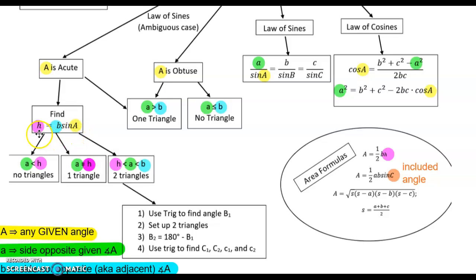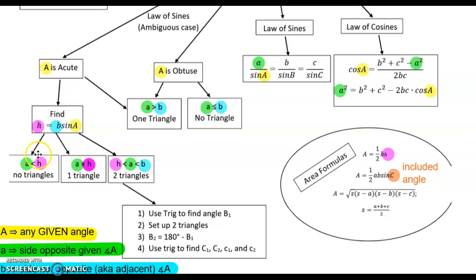Then you compare the height to the side across from your given angle. If that side is less than your height, then you have no triangle. If they're exactly the same, which almost never happens, then you have one triangle. Or if your height is shorter than your other two sides, then you have two possible triangles.